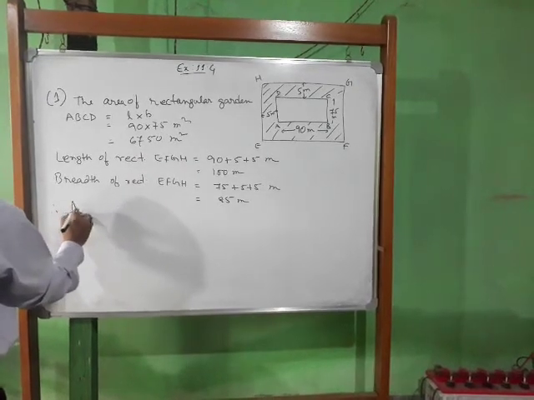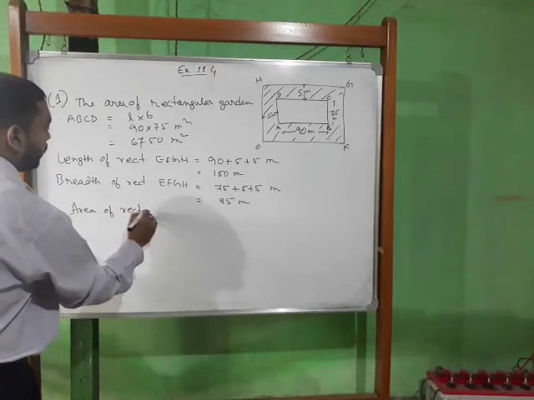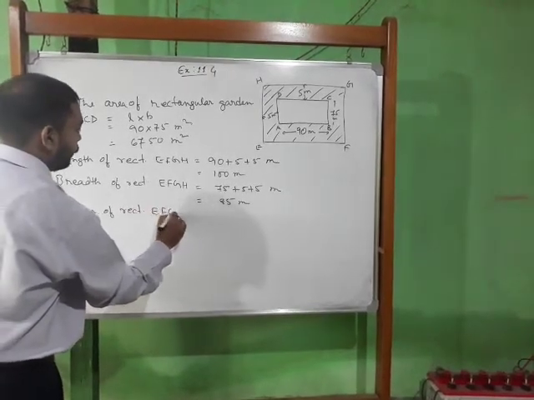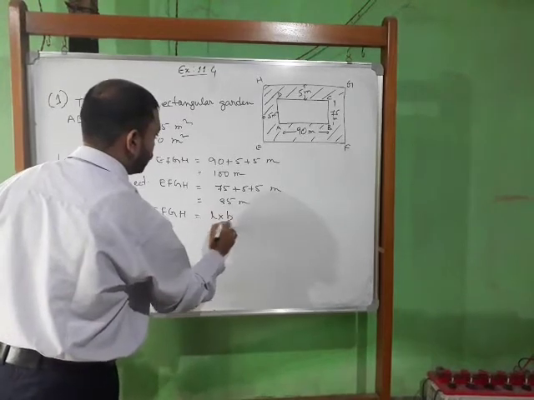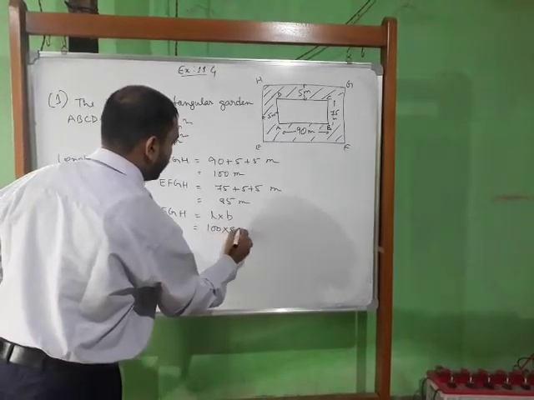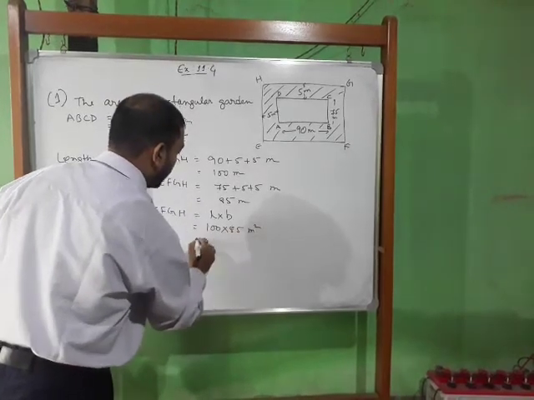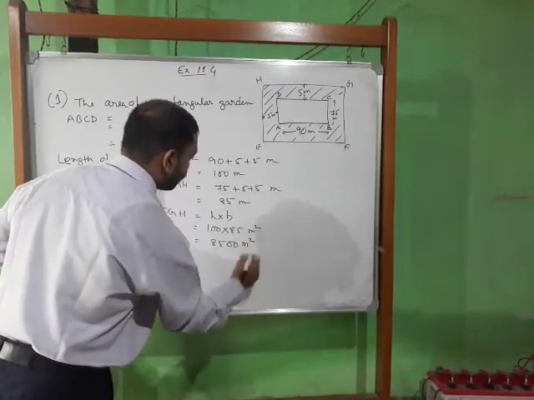Now we can find the area of this rectangle. Area of rectangle EFGH is length into breadth, so 100 into 85 meter square, which is 8500 meter square.